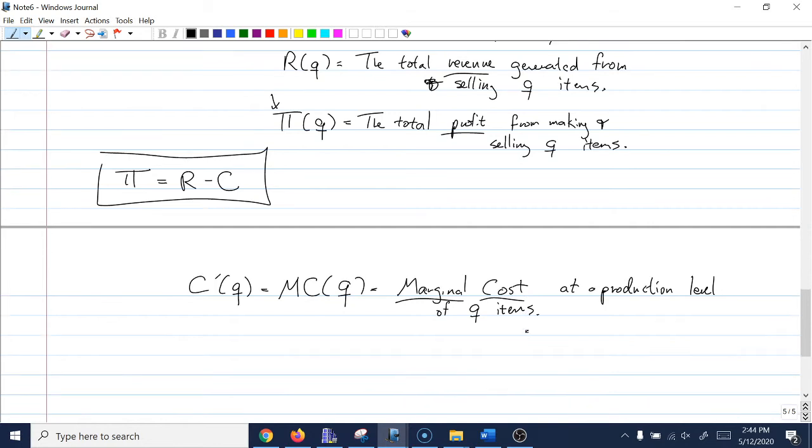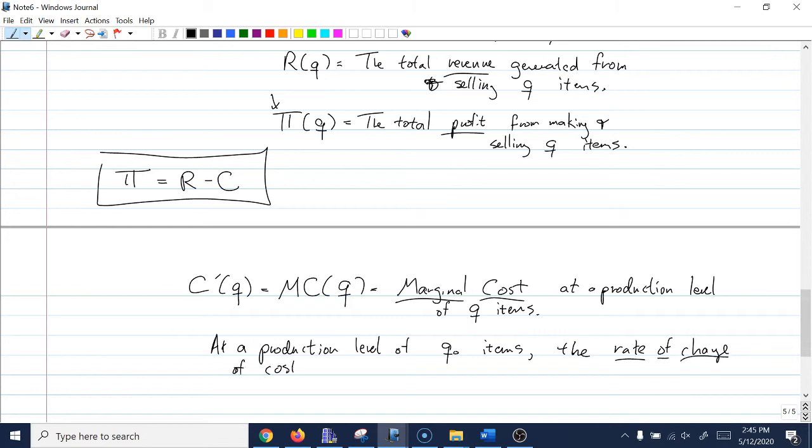At a production level of q items, say I have some specific number of q naught items. What this is telling us is that the rate of change of cost is MC. Let's put some specific numbers on here.